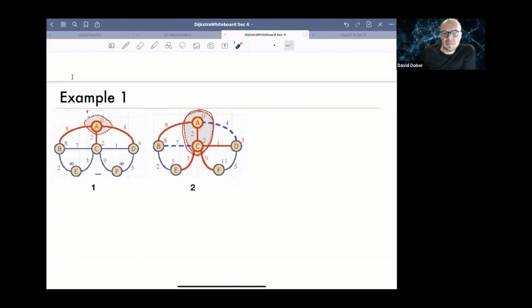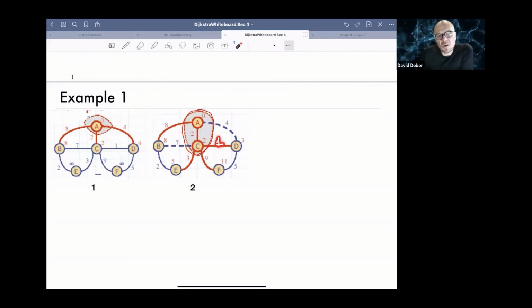So for example, before, my best estimate of reaching D was 4, right? It started out at infinity, I erased that, and now I said that I have a way of reaching it at 4. Okay, so that was good. So at this stage, I know that I can get to D at the cost of 4. But once C was added to the cloud, I now have a new way of reaching D. And that new way of reaching D is at an additional cost of 1.